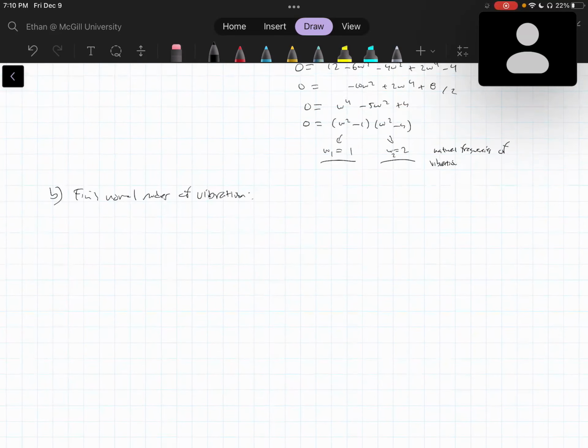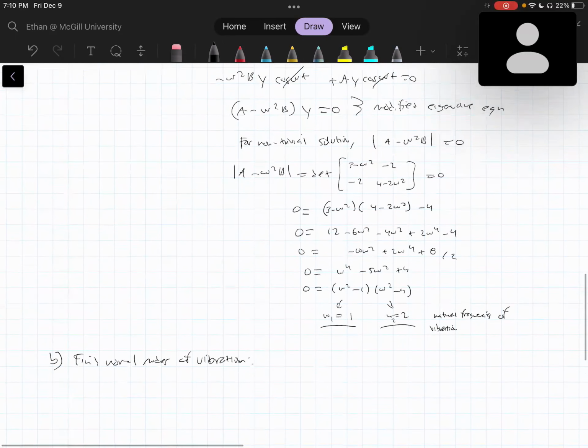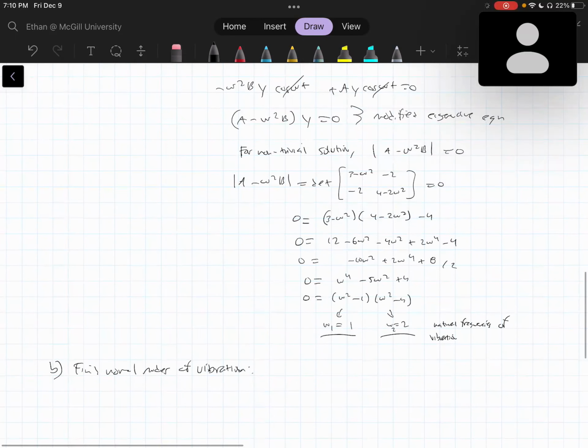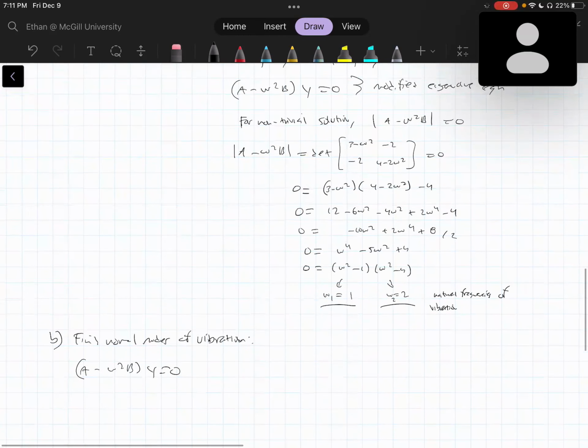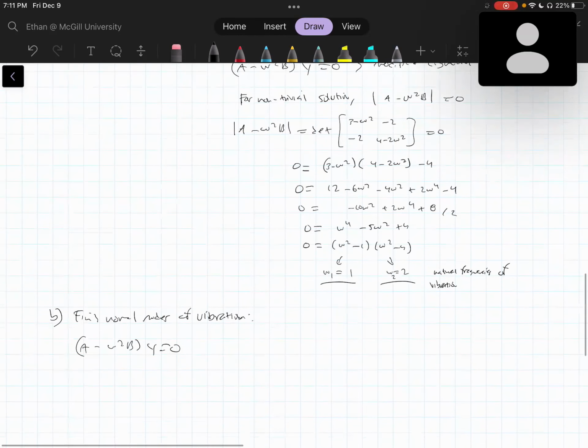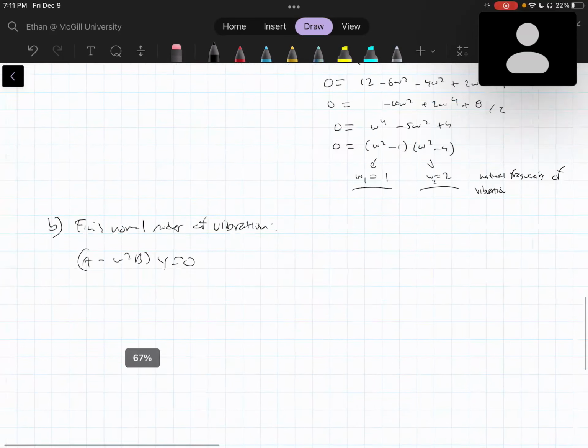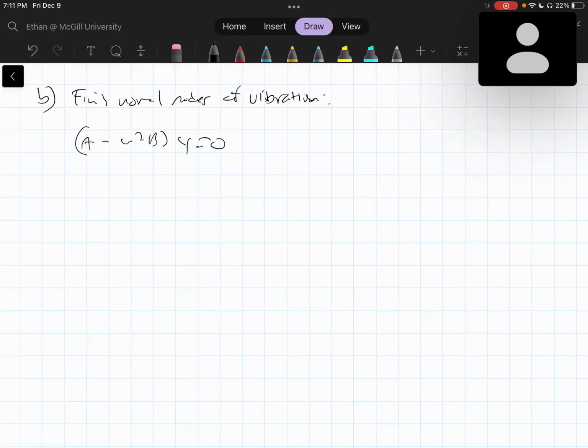So now at this stage, we're going to go back and use the modified eigenvalue equation. So it's A minus omega squared B, y is equal to 0. But we have our omega 1, omega 2 now. So we have A minus omega 1 squared B, y to the power 1.